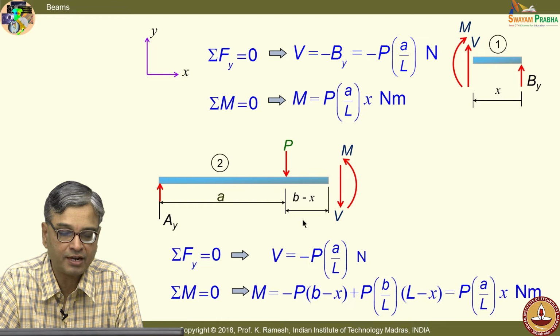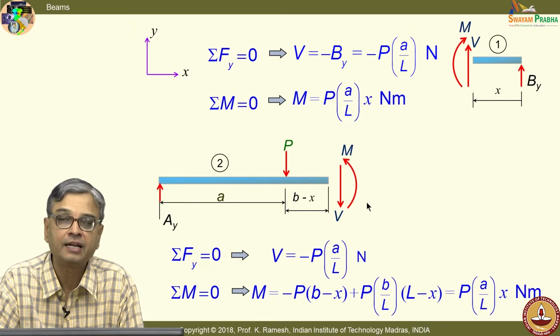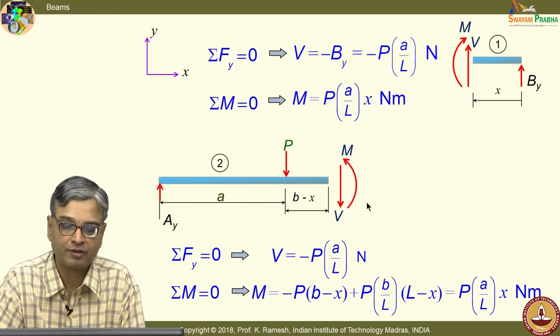Okay, it's anti-clockwise, I should put as positive, but I think it is put in the other direction. So I put the equal sign in this way. So, I get P A by L into X, and if I compare this, whether I use this free body or this free body, I get an identical answer, no problem. Okay.